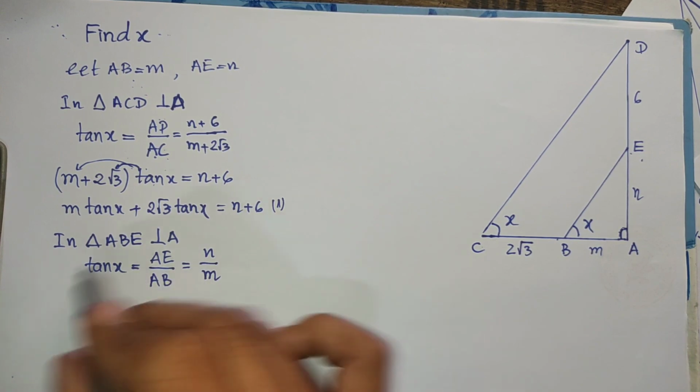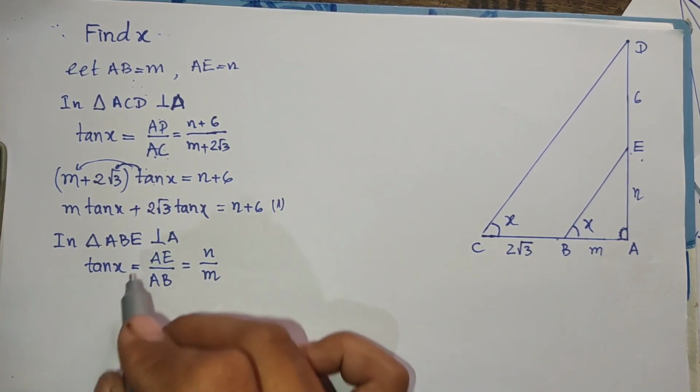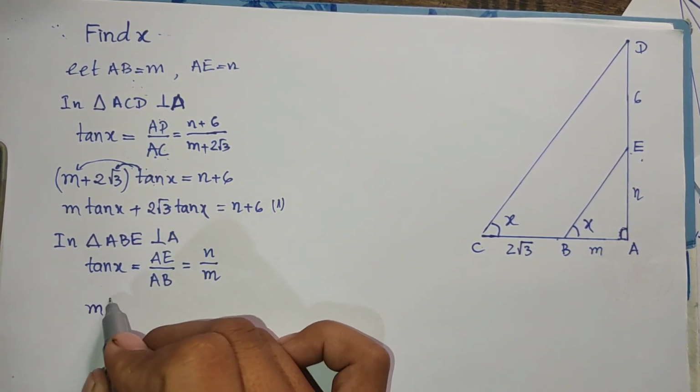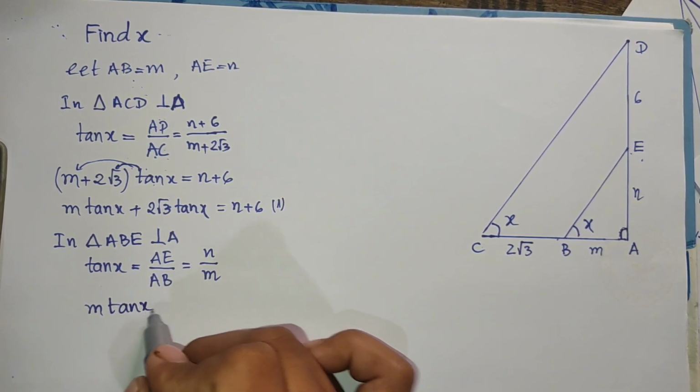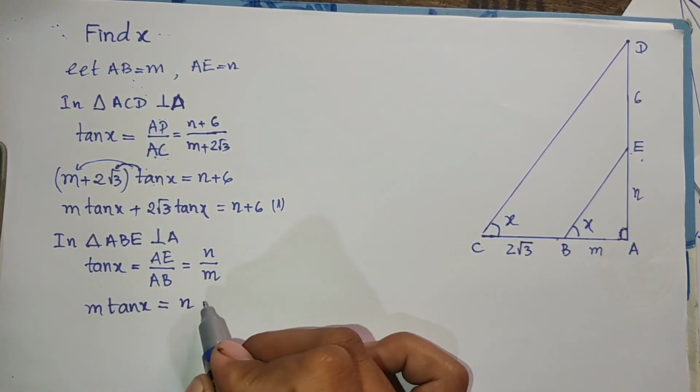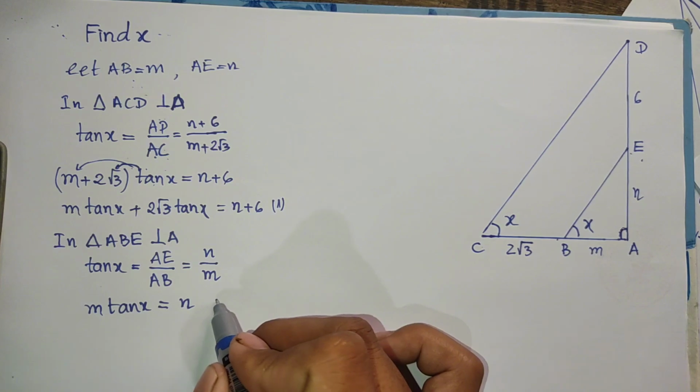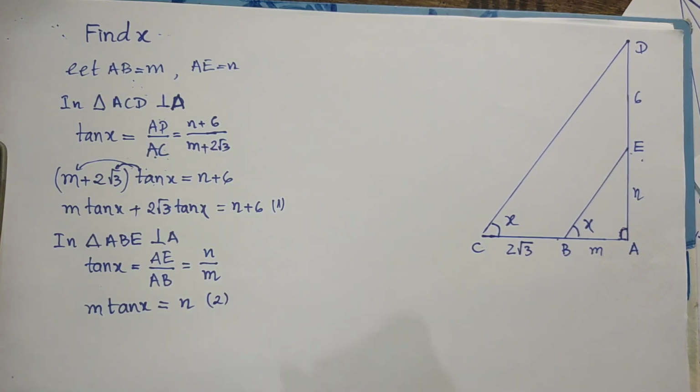Now I multiply both sides of this equation by m, so we get m multiplied by tan h equal to n. I let this be the second equation.